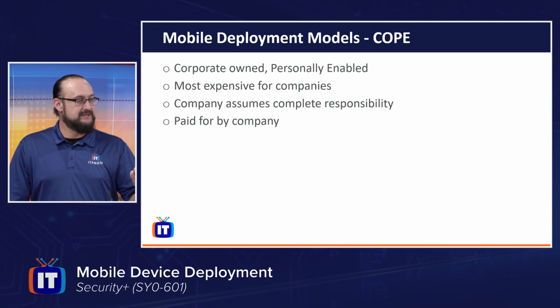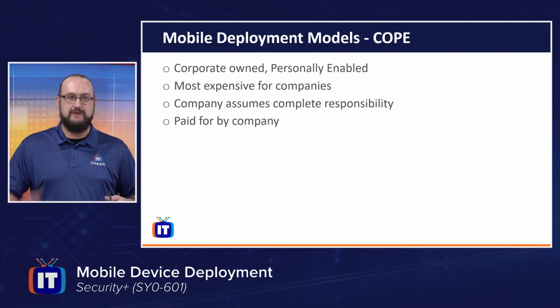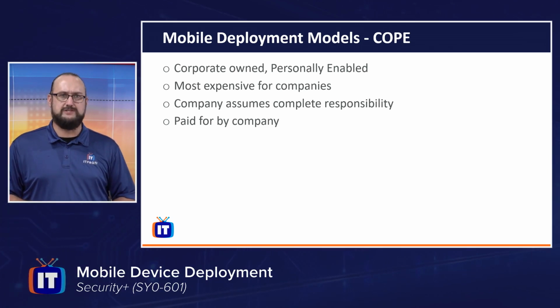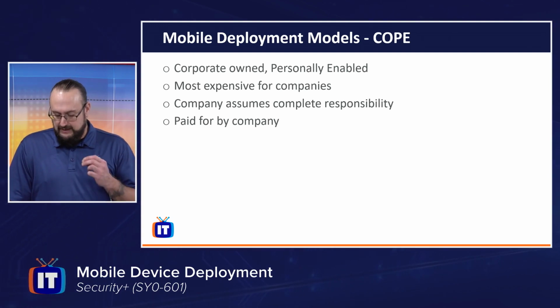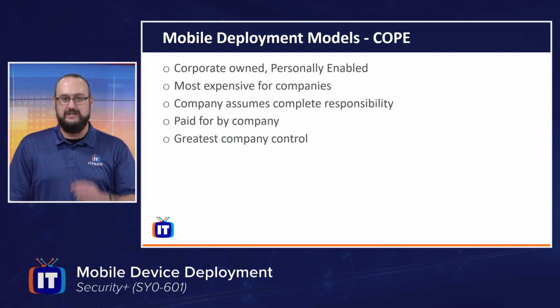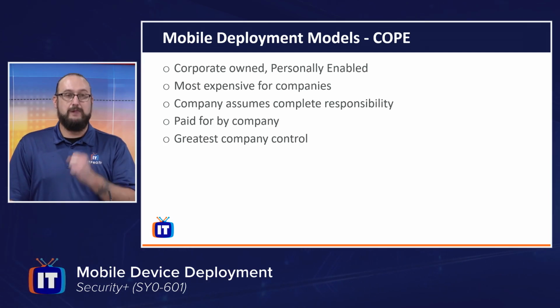Back in the days, Dan was saying they talked about having only BlackBerry devices prior to iOS and the iPhone coming out. That would have been an example of COPE. We've got one platform. These are the phones that you use. We stood up a BlackBerry server. You use this or you don't get a company phone. All right, for a company that has highly sensitive information, it gives the company the greatest control over their platform, right?